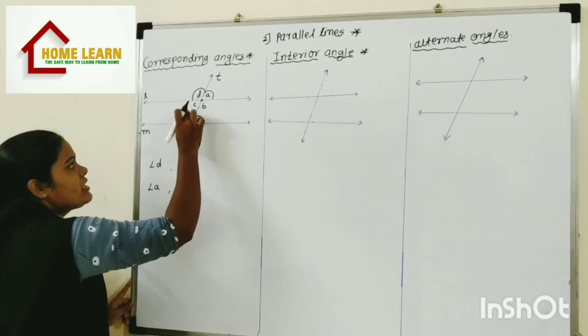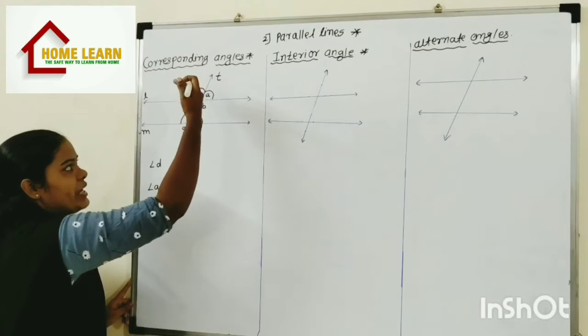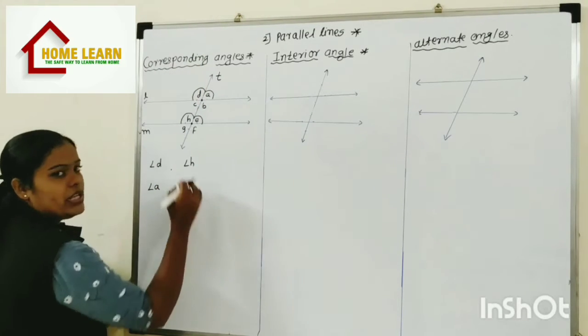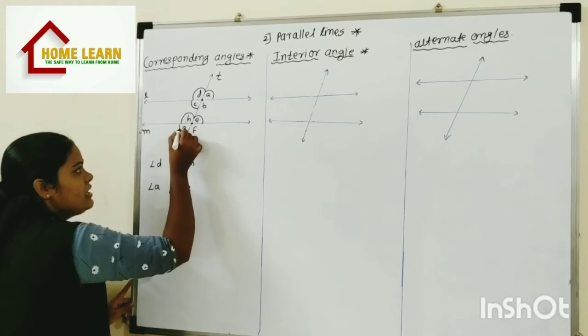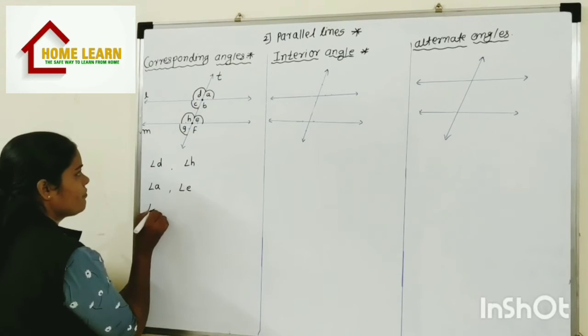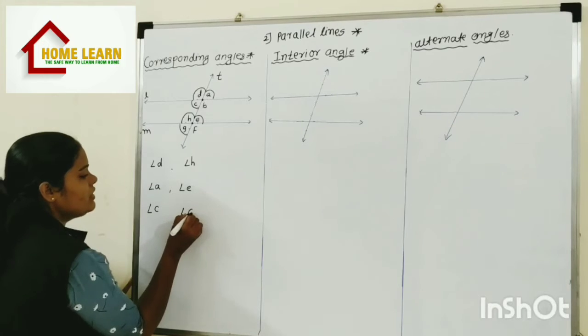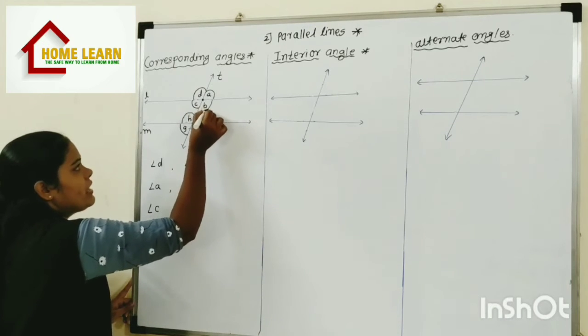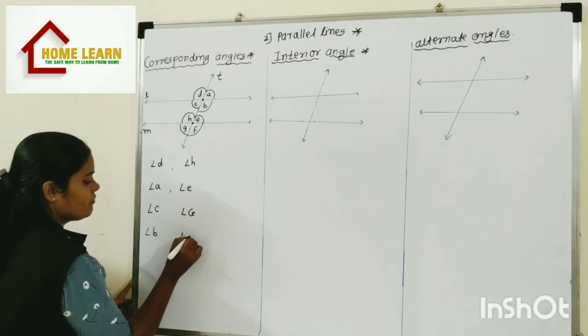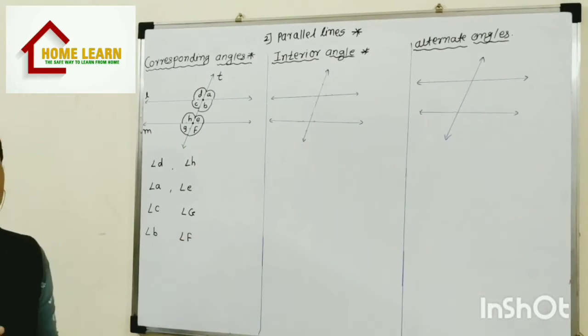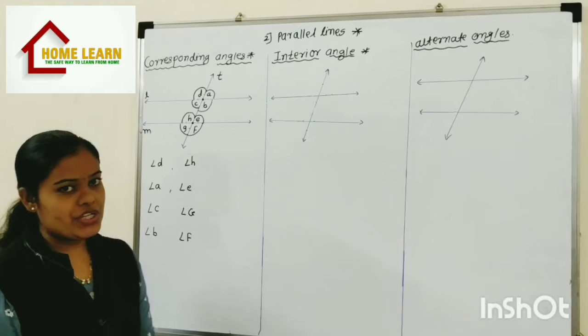All these angles are above the line. Now take below the lines: angle C and angle G, and here angle B and angle F. All corresponding angles are congruent to each other.